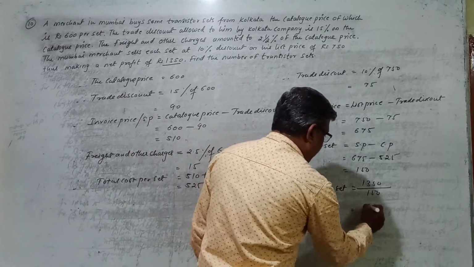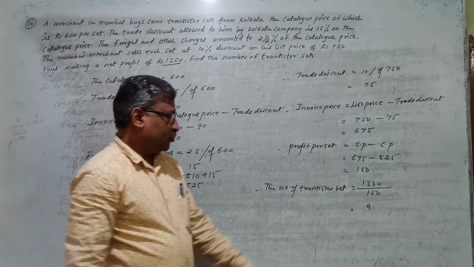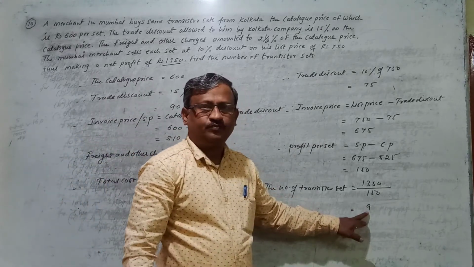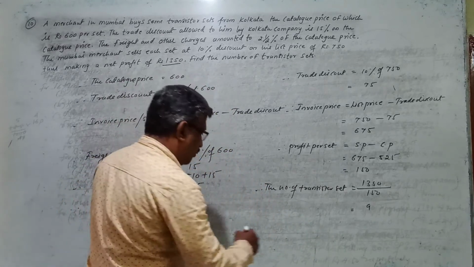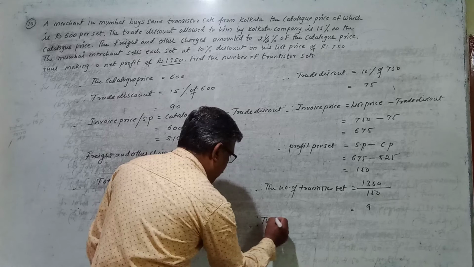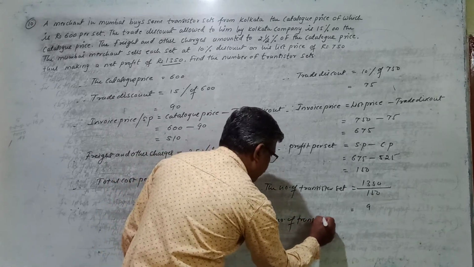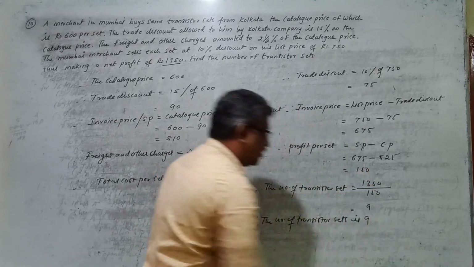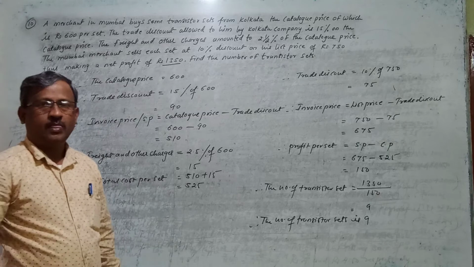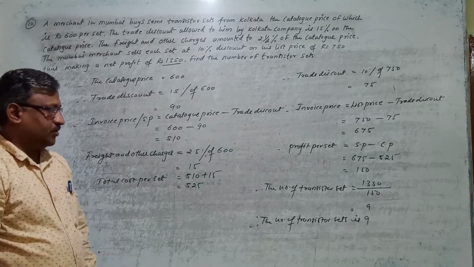If you divide this, we get how much? 9. So how many transistor sets has he purchased? 9 transistor sets he has purchased. So here you write, therefore the number of transistor sets is 9. So this is how you have to find out the number of transistor sets.